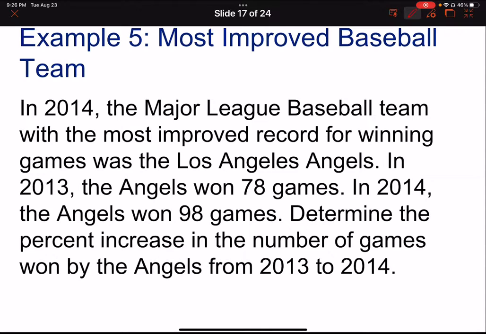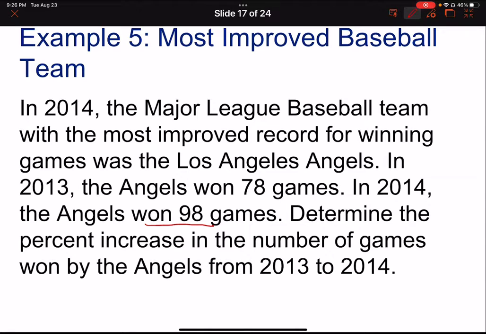In 2013, the Los Angeles Angels won 78 games. In 2014, a year later, the Angels won 98 games. Determine the percent increase in the number of games won by the Angels from 2013 to 2014.